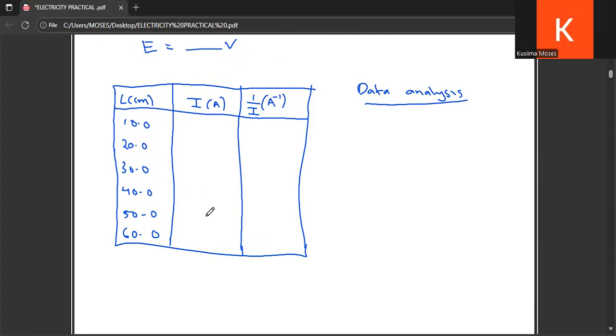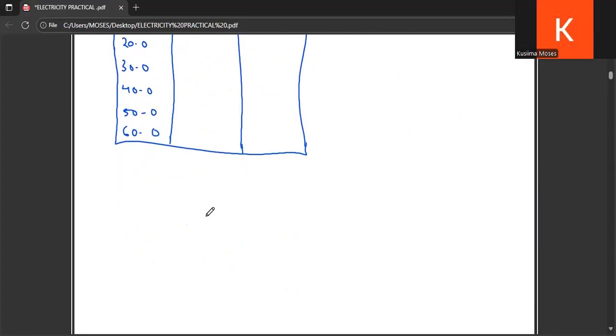Whatever you're doing right now is done before touching the apparatus. When you start touching the apparatus, you'll be getting the values and recording them in your table.